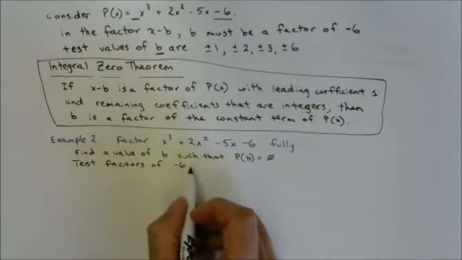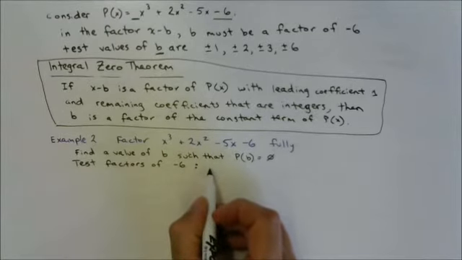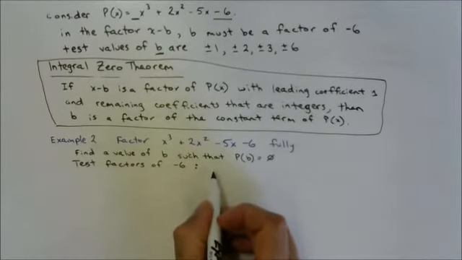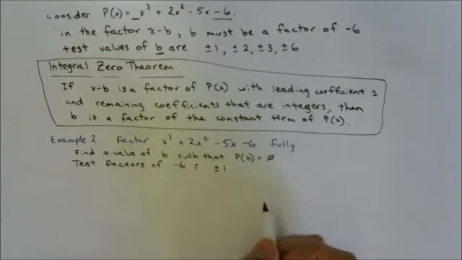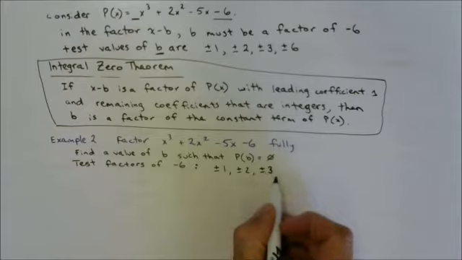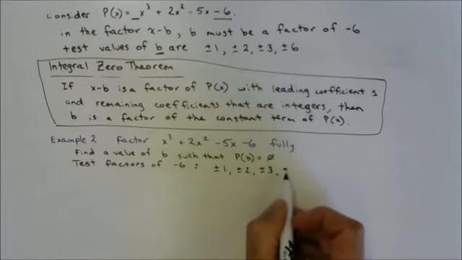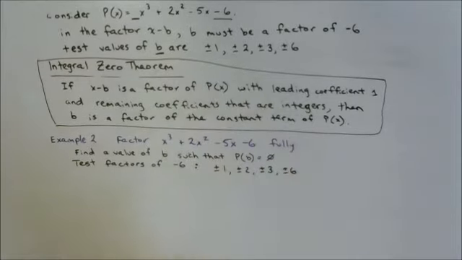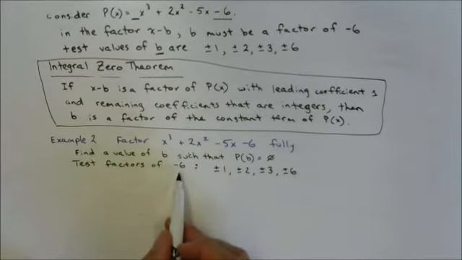So test factors of -6. We're going to test for b: plus or minus 1, plus or minus 2, plus or minus 3, and plus 6, -6. Those are all the factors of -6.